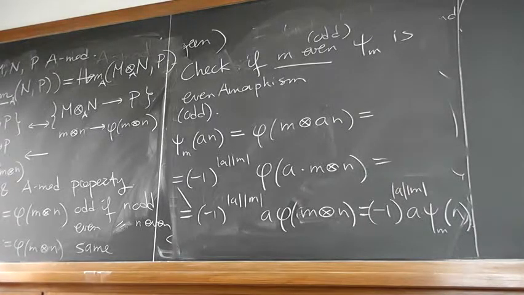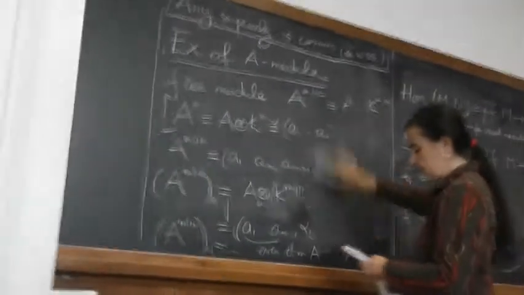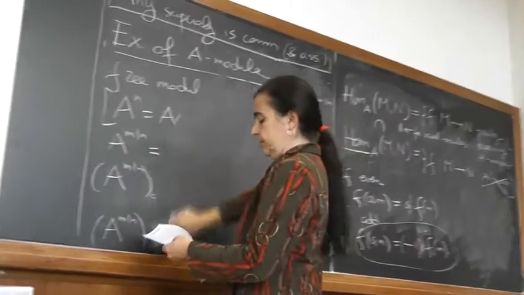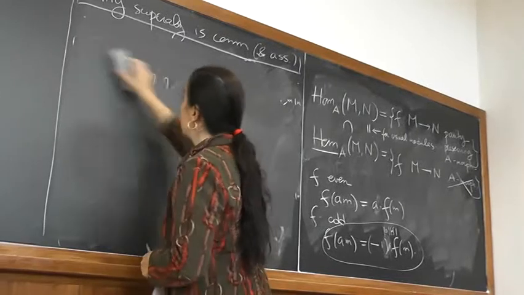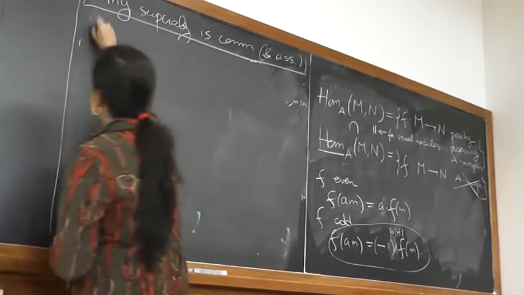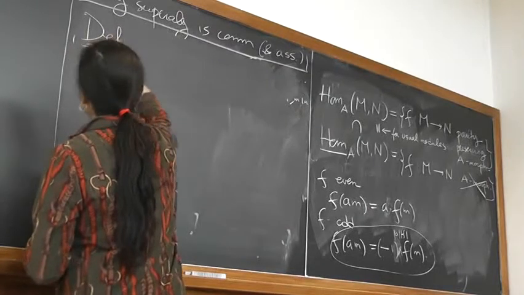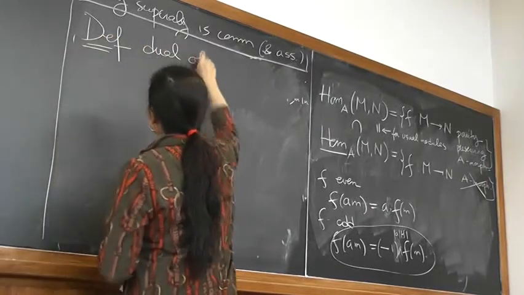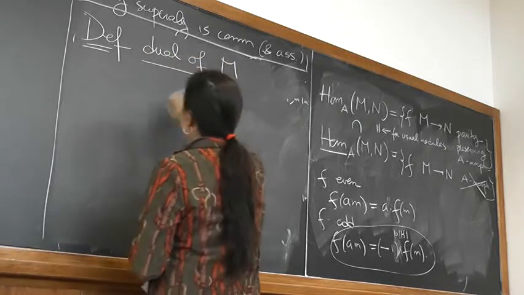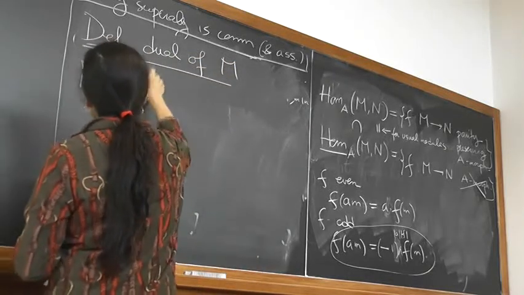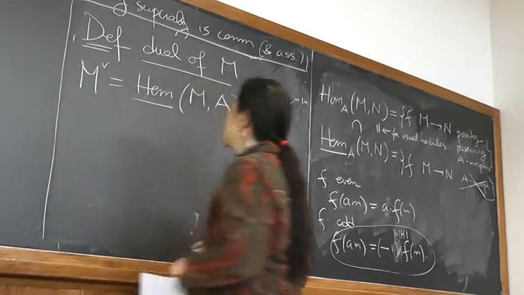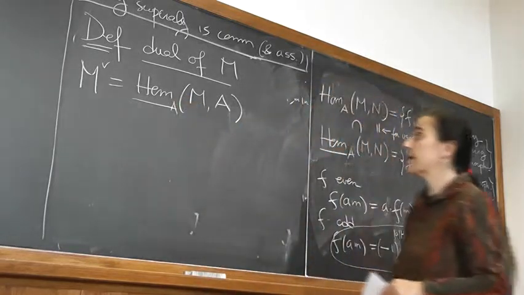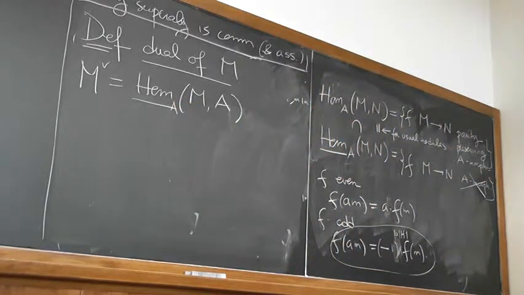It is M check: all the morphisms from M to A, both parity preserving and parity reversing.